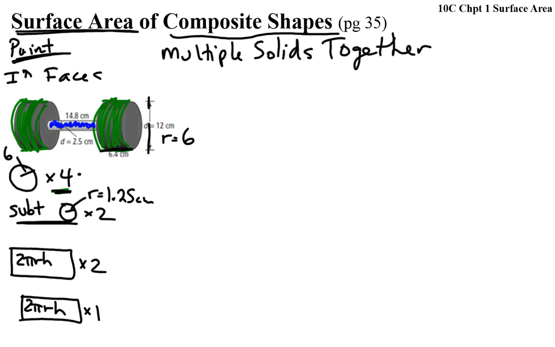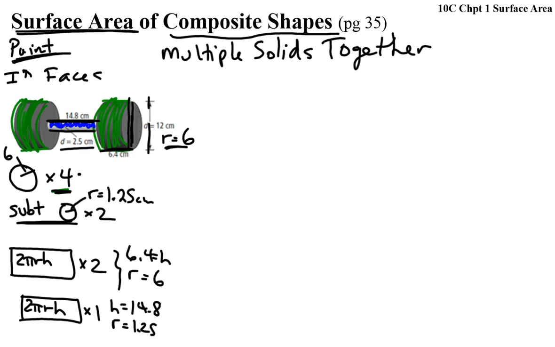Here we can see the height is 6.4, and the radius is still 6. But our inside rectangular face, we see the height is 14.8, and the diameter is 2.5, so the radius is 1.25.